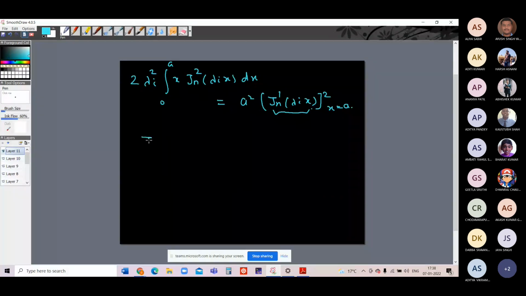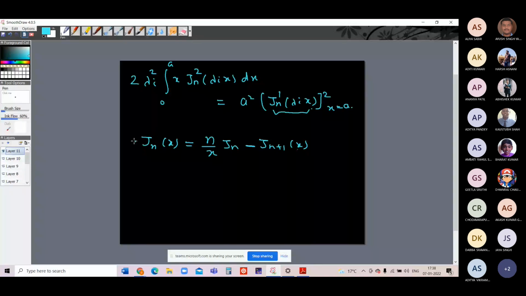The recurrence relation for the Bessel function of the first kind is Jn dash x is equal to n by x Jn minus Jn plus 1 x. This is a derivative with respect to x, we can write it as d by dx.